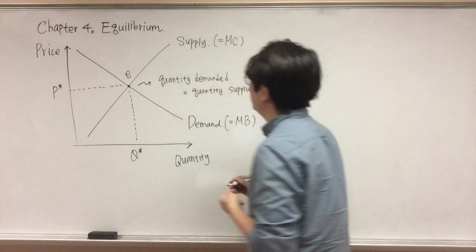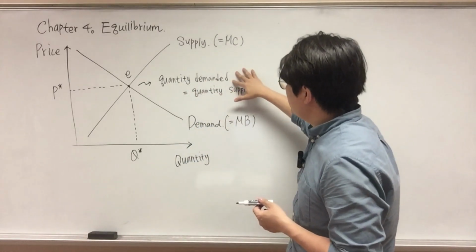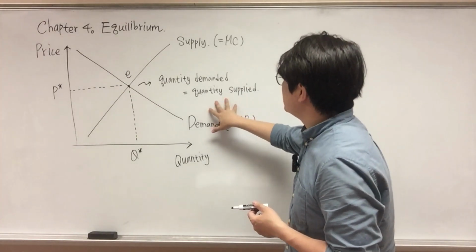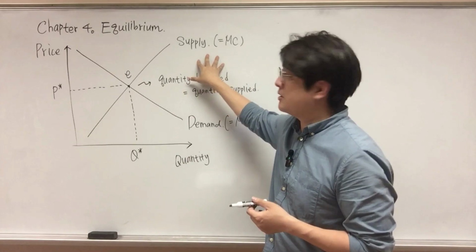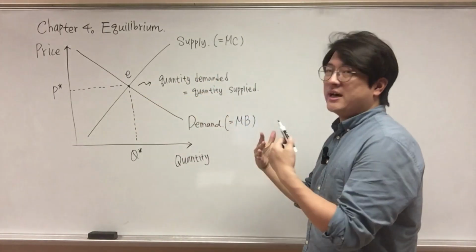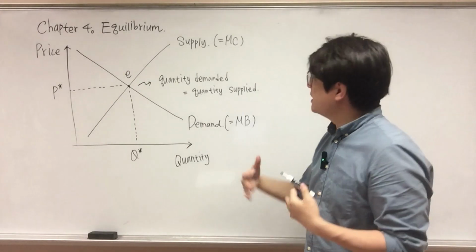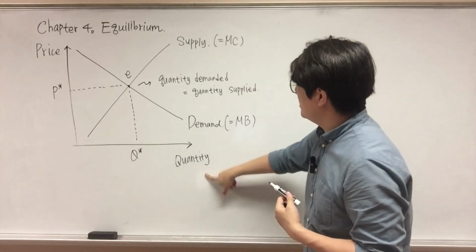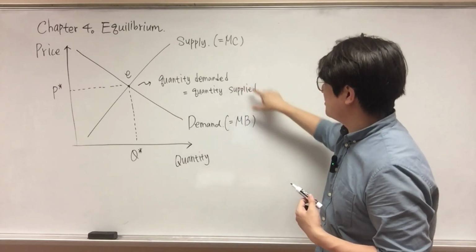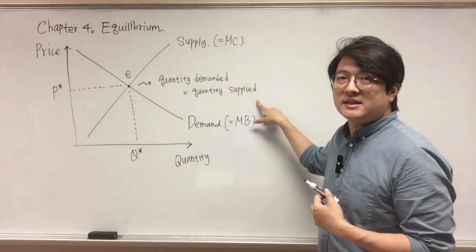It makes sense, right? The quantity demanded is from the demand curve, and the quantity supplied is from the supply curve. This point is where the supply and demand curves meet together. So for quantities, we can realize that quantity demanded is equal to quantity supplied. Makes sense?